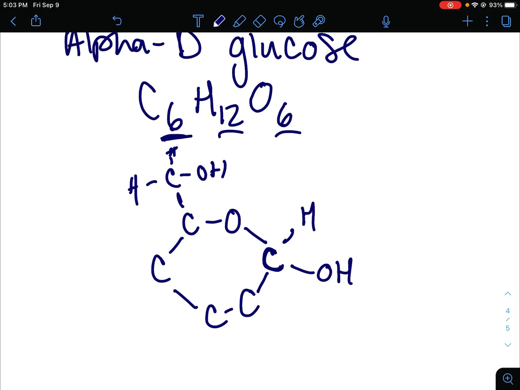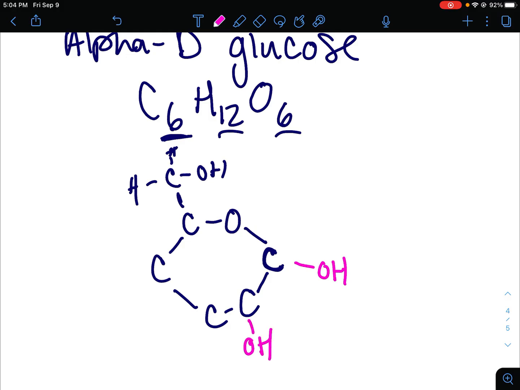When you compare the alpha and the beta after looking at it and drawing all of them, it's good to circle the difference. But I'm just letting you know that this is the difference right now. I'm going to redo this so that my functional groups are all in the same color. So I'm going to do pink again, and I'm going to put my hydroxyl group there because I know it goes there.